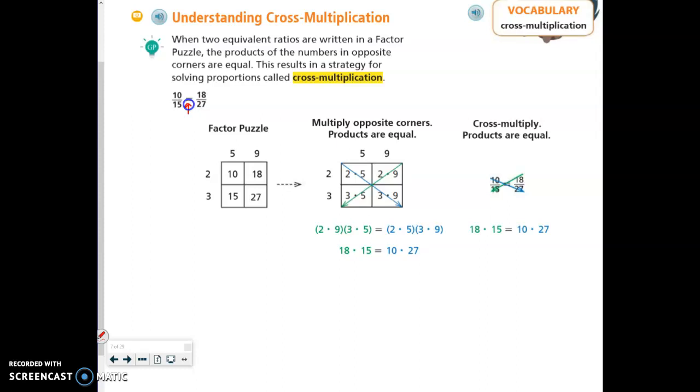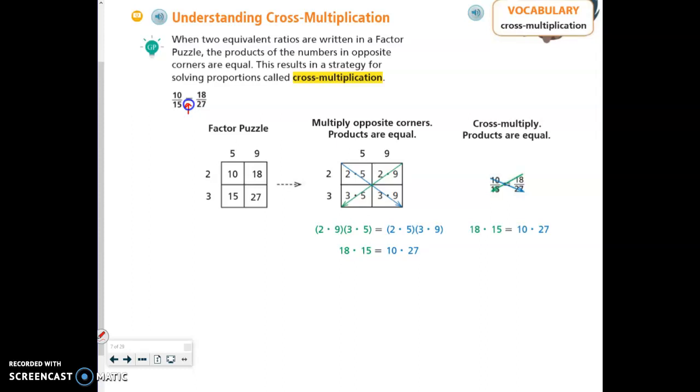We've seen proportions, rate tables, ratios, all those kinds of things come together so that we are working toward this algebraic concept, which is what cross multiplication is really trying to get us to do. It's trying to let us solve a factor puzzle or a proportion problem without having to use a factor puzzle. We're trying to cut out the middleman. We're showing you how we can set up an algebraic equation with a variable, solve for that variable, and have it be a true statement.